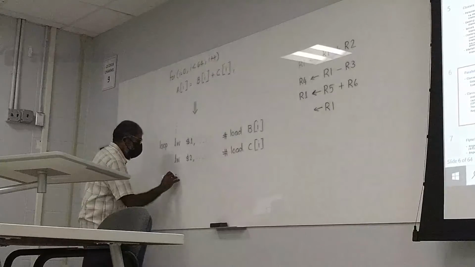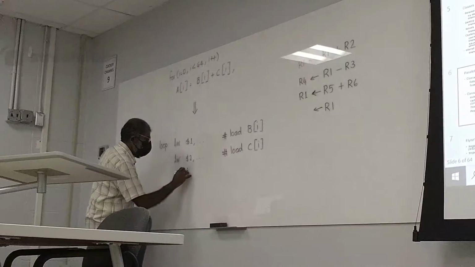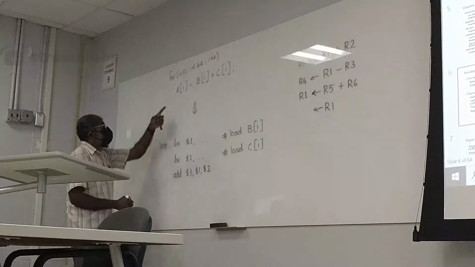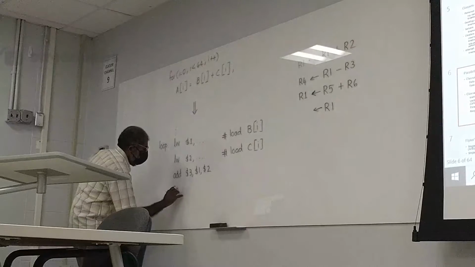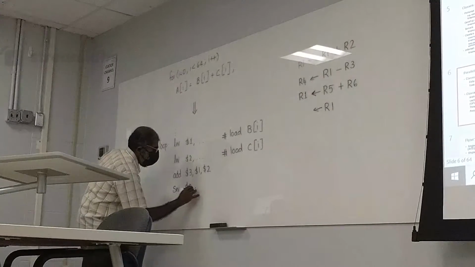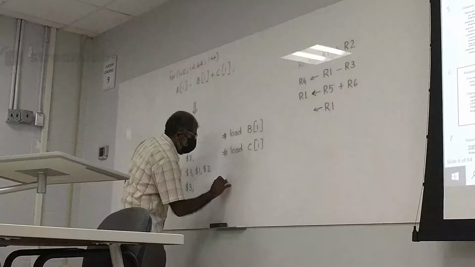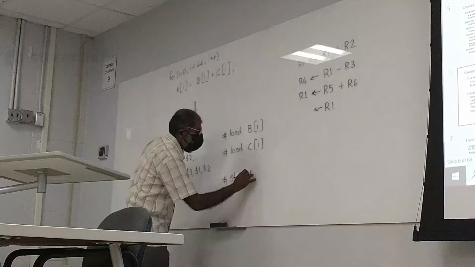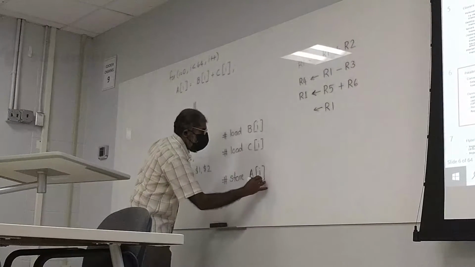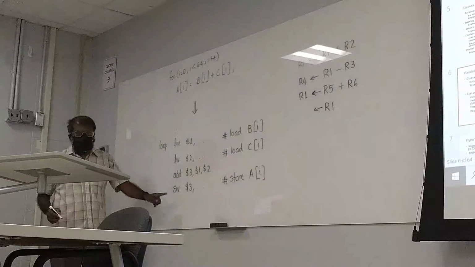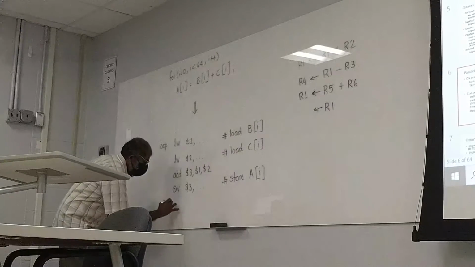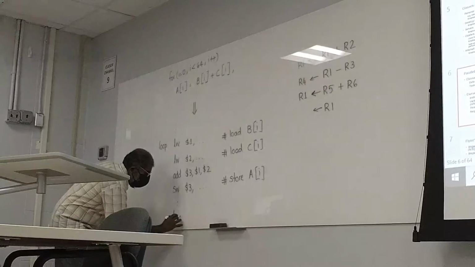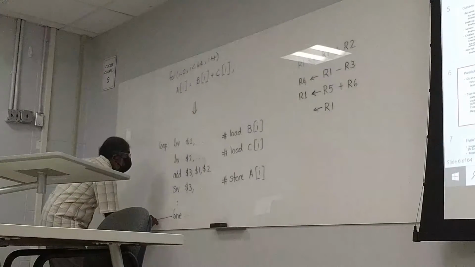Okay, and add. And then we have to store, and then update the induction variable, check for some termination, and then branch not equal or so.